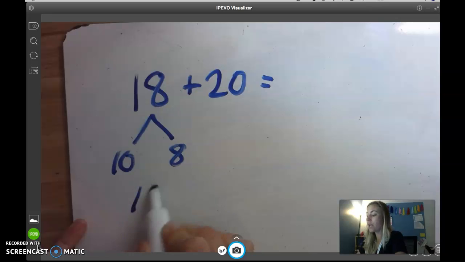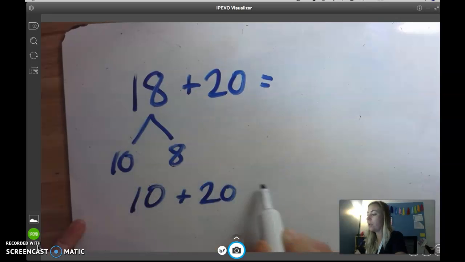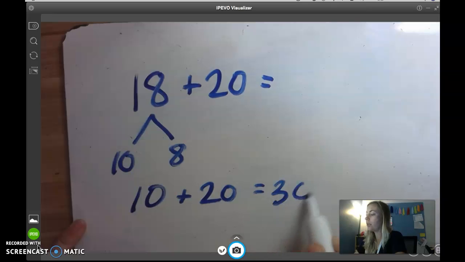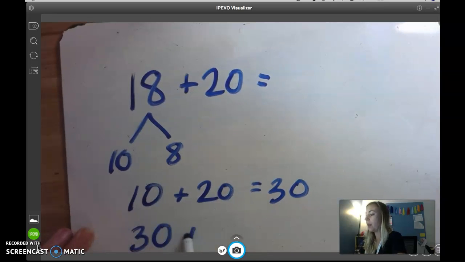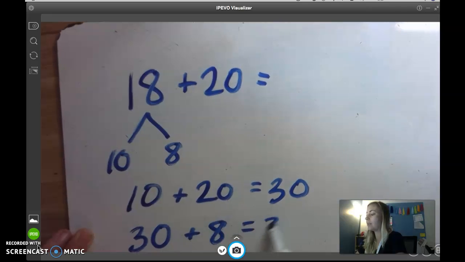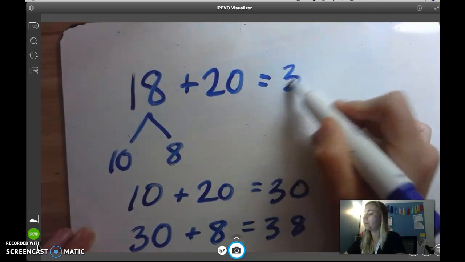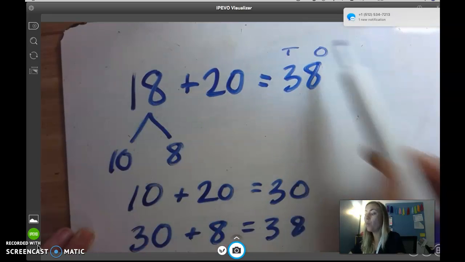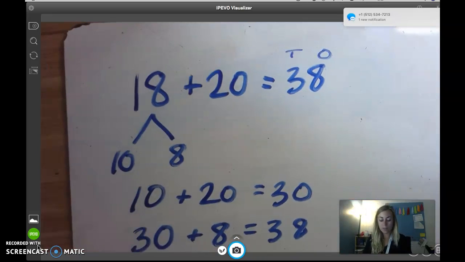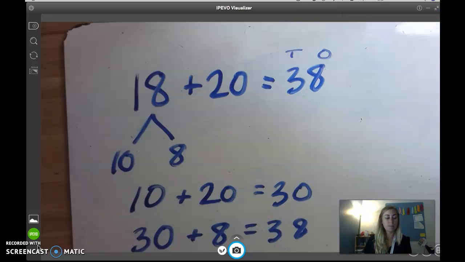That's right, you should have said 10 plus 20, which is the same as 30. And now I still have 8 here, so I'm going to have 30 plus 8. And my answer is 38. My tens place changed, and my ones place stayed the same because I wasn't changing my ones place.